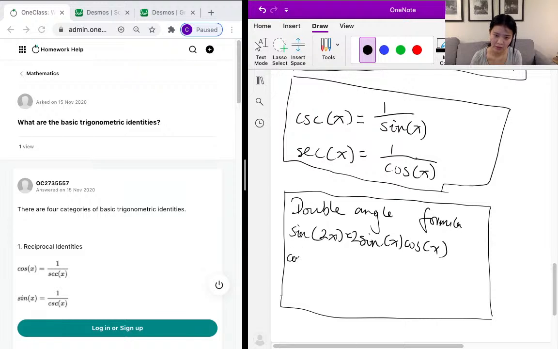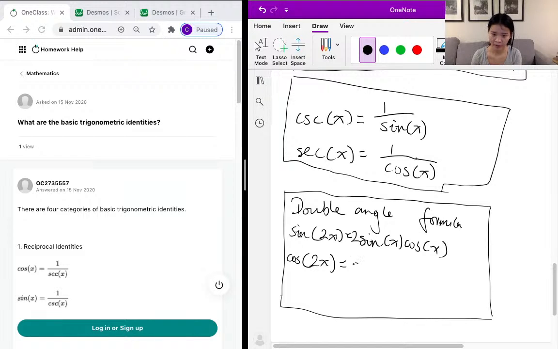And there's also the cosine of 2x. So that basically helps you to use sine of x and cos of x to find the sine of 2x. So when the size of your angle is doubled, how do you find those kinds of values using existing angles?